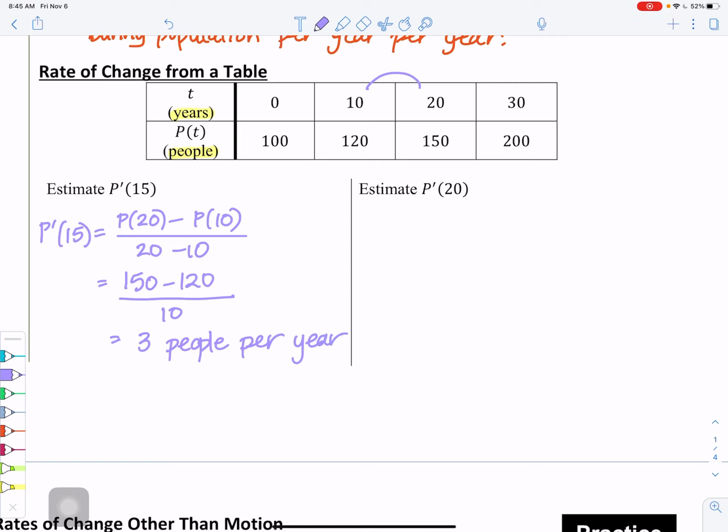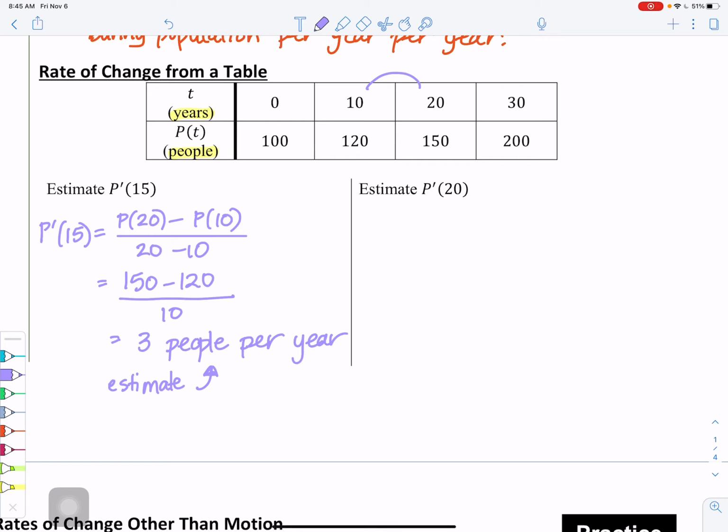Okay, so that wasn't too difficult because we had a year fall in between both of the data values. But what if you were asked to estimate, and by the way, this is an estimate. I might have said equals when I was doing it, but it's just an estimate.